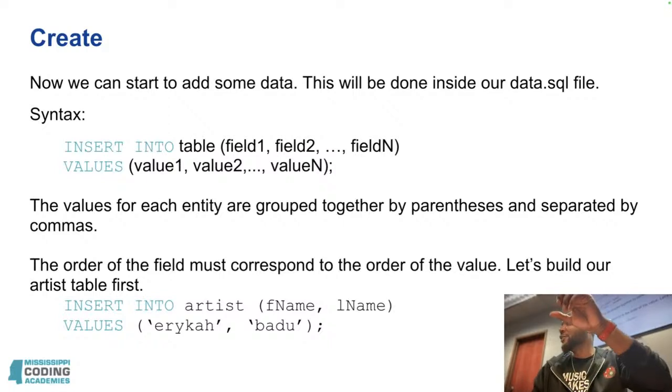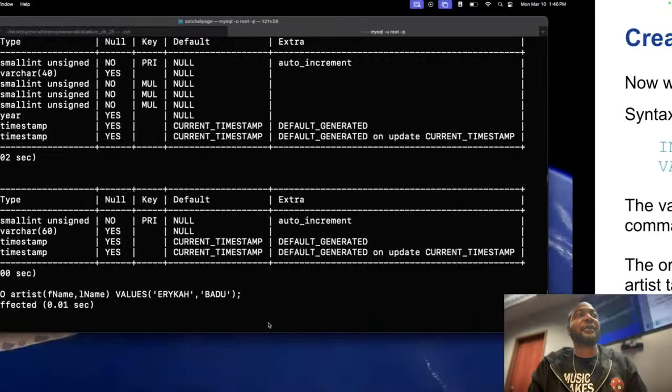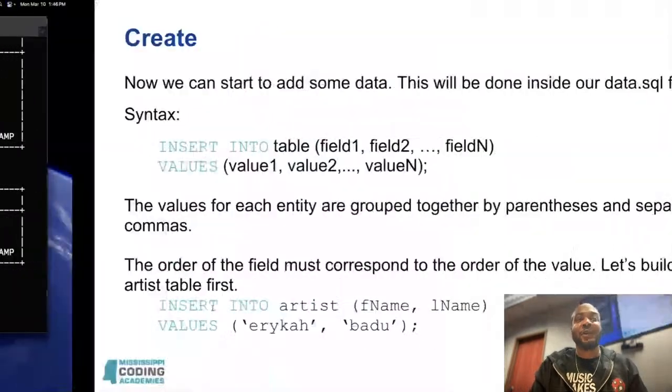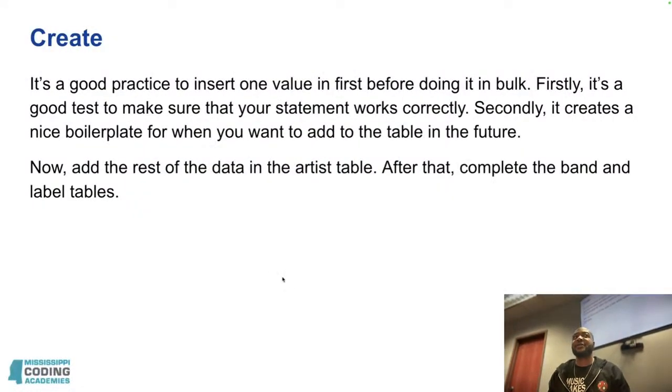So if it's the first name of the artist, that needs to match with the first name field, like so. Once you get that in there, copy and paste it in your server, and you should be looking good. And you see here again, it's good practice to insert one value in before you do it in bulk. It's a good way to test to make sure that your statement works correctly.